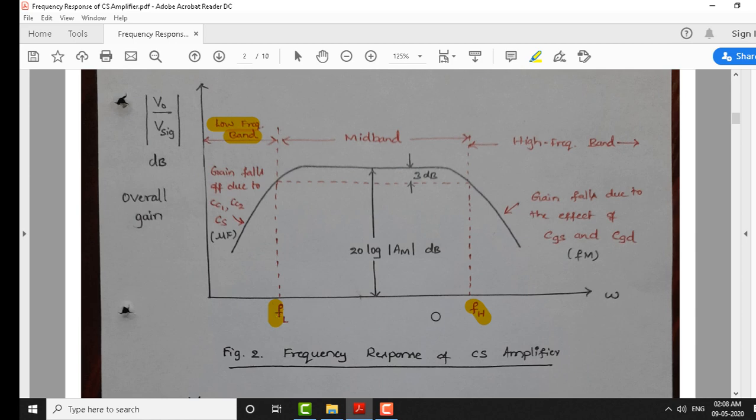The band of frequencies between these two limits is called the mid-band frequencies, and the frequency components beyond FH are called the high frequency band. You will see here why we divided this entire frequency response into the 3 bands.